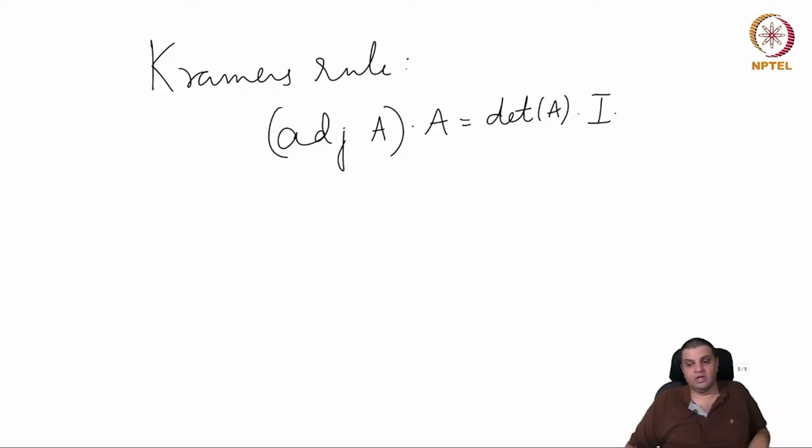Okay, this is true. The only problem in trying to find the inverse using this is that if the determinant of A is not invertible, we won't be able to divide by it. But this statement is true over any commutative ring.